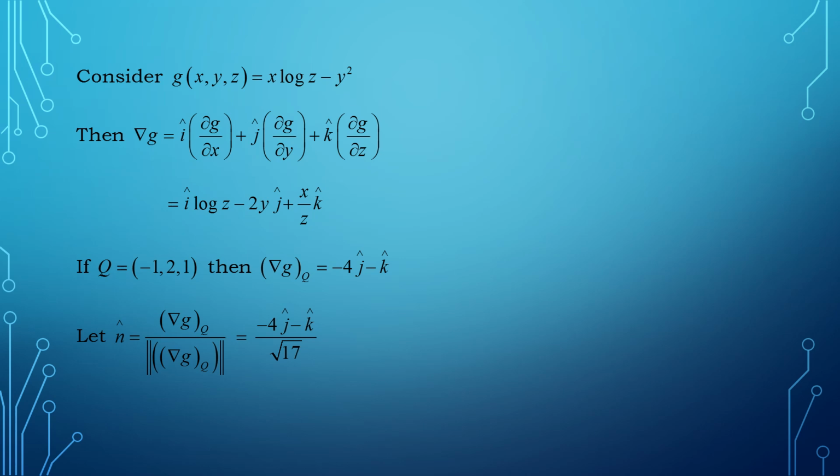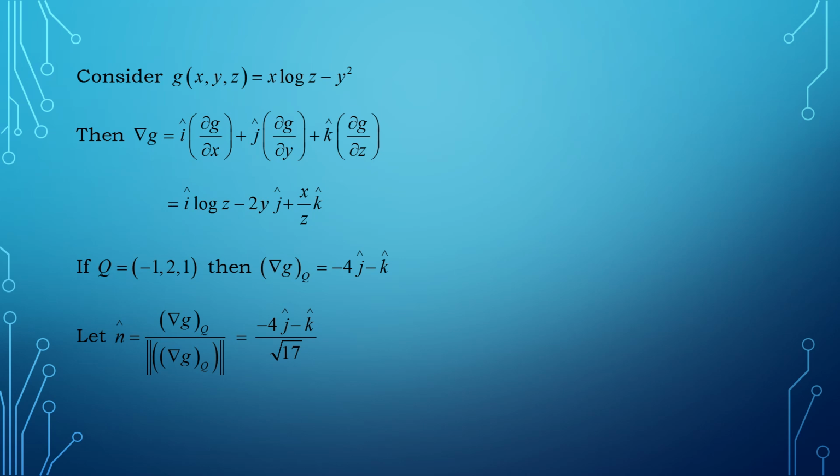So here x value is -1, y value is 2, and z value is 1. We have to plug in these values in del G. Del G equals i cap dou G by dou x plus j cap dou G by dou y plus k cap dou G by dou z. Del G equals i cap log z minus 2y j cap plus x by z k cap.